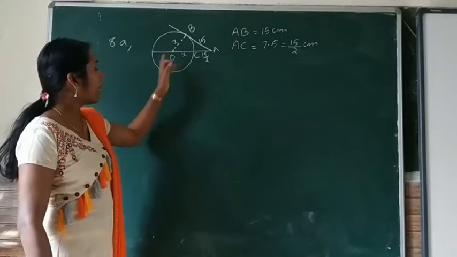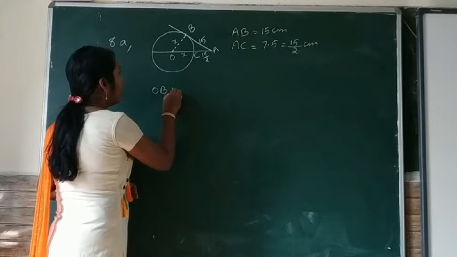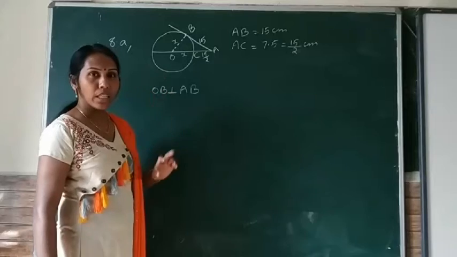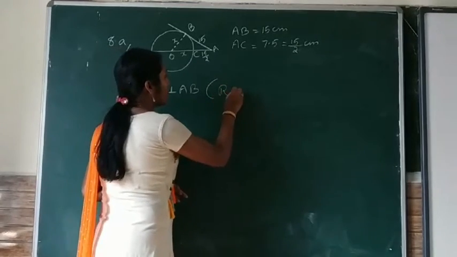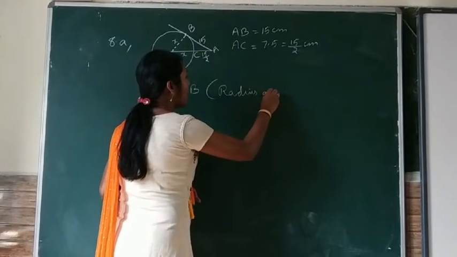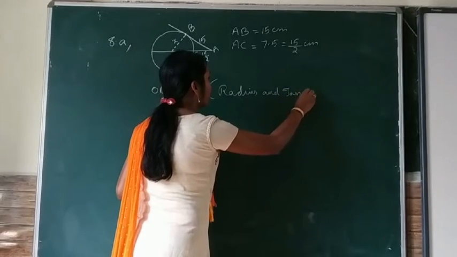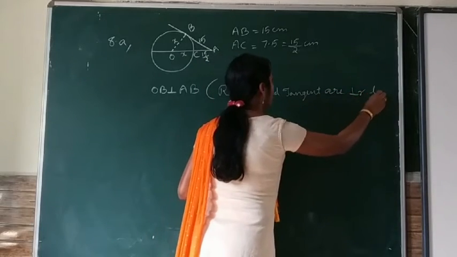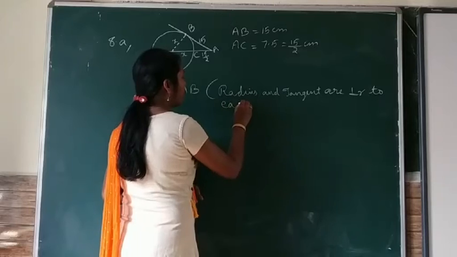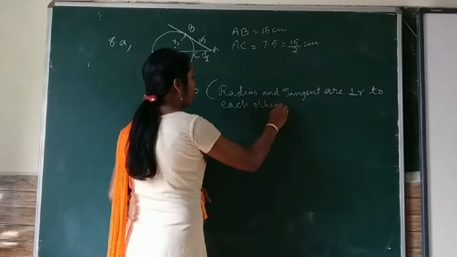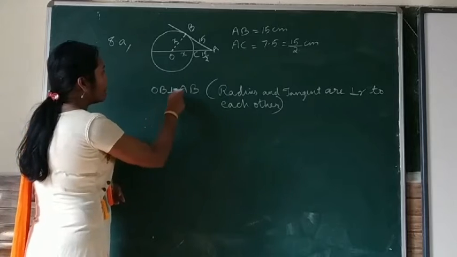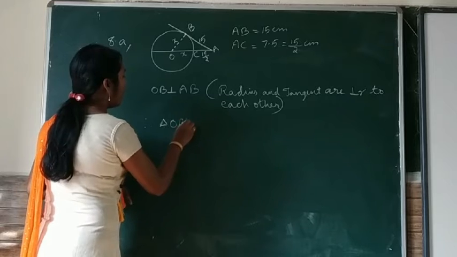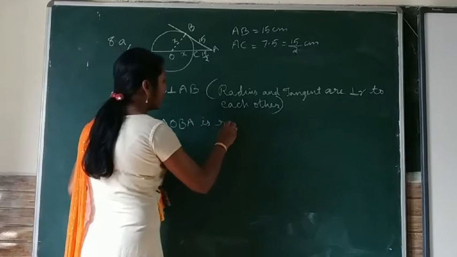So here we can write first of all that OB is perpendicular to AB, because we know that at any point of the circle, radius and the tangent are perpendicular to each other. Therefore, since OB is perpendicular to AB, triangle OBA is right angled.